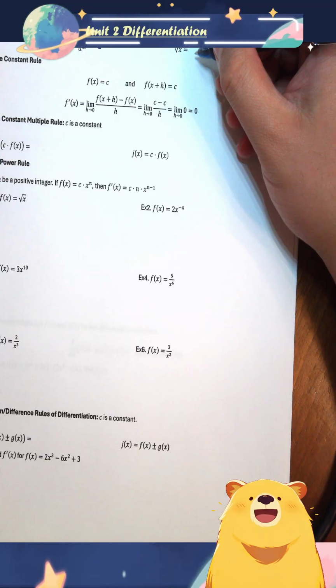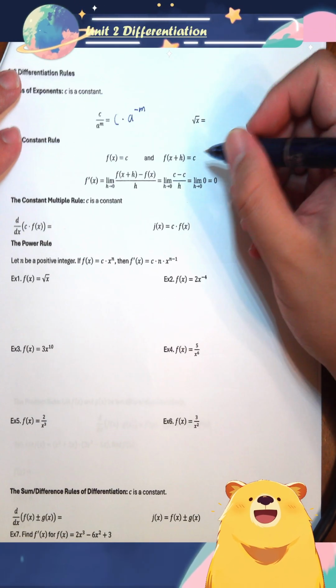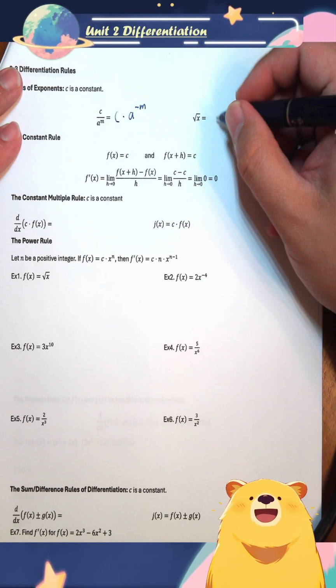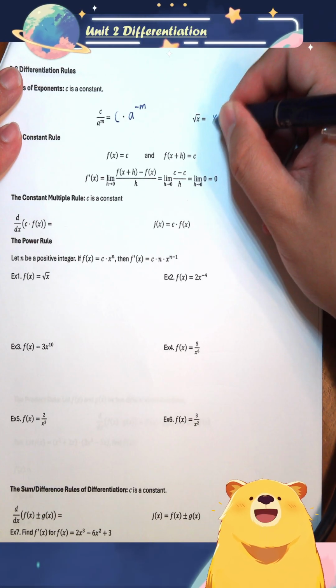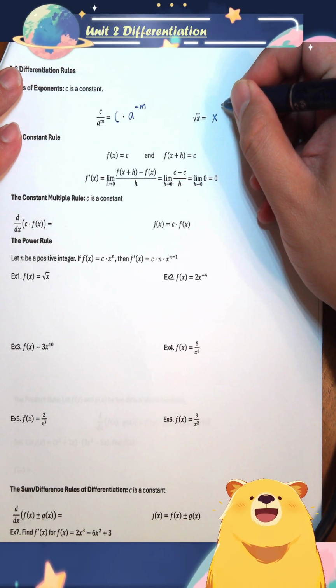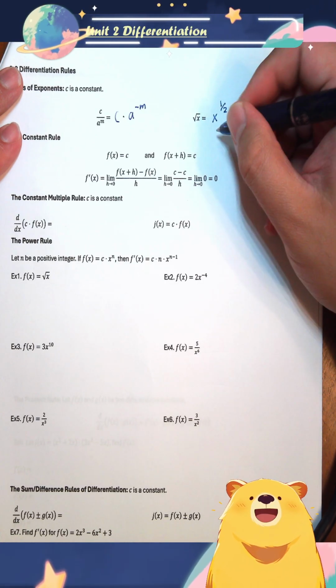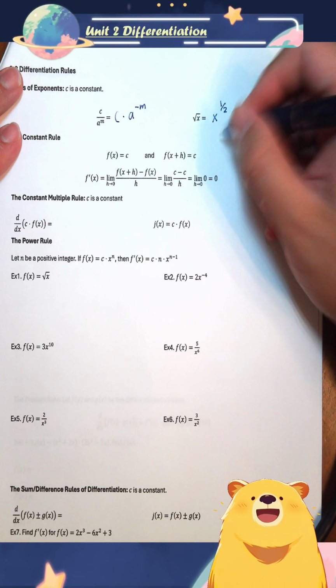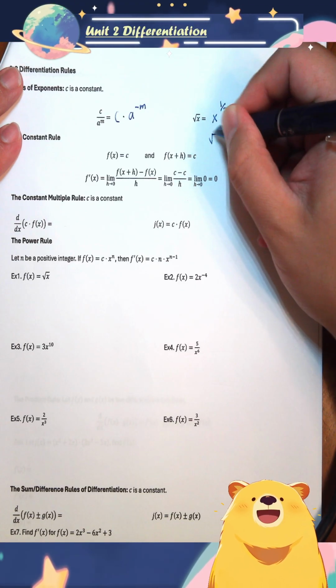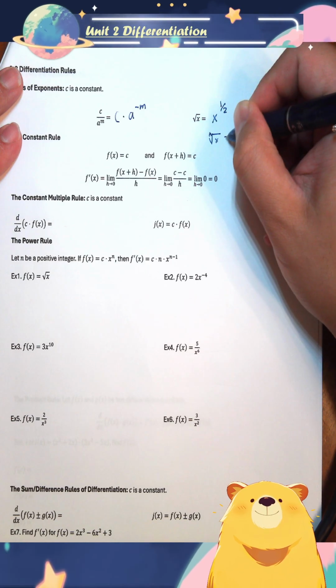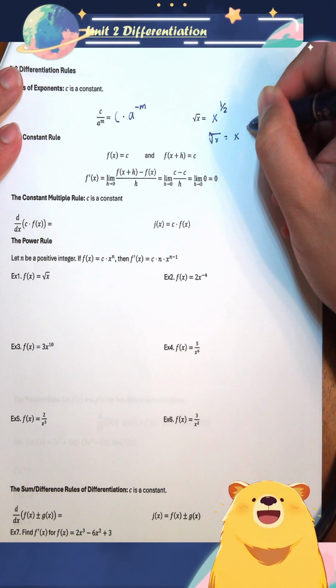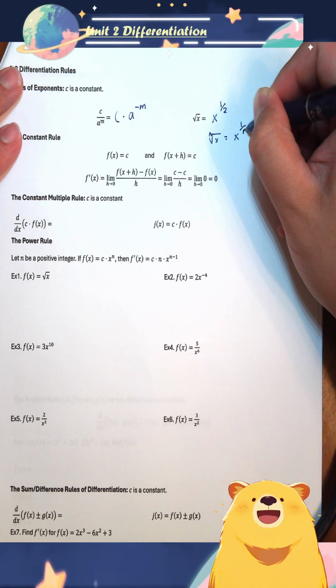And don't forget that a root can be expressed as a power. So for example, the square root is the power of 1 over 2. We're not going to get too into this idea, but the nth root can be rewritten as x to the power of 1 over n.